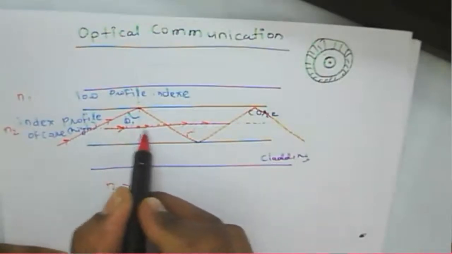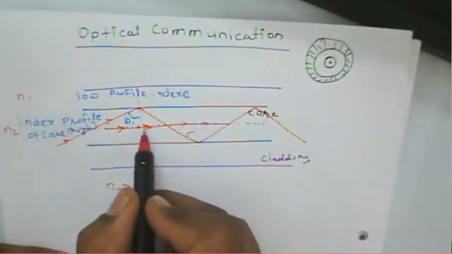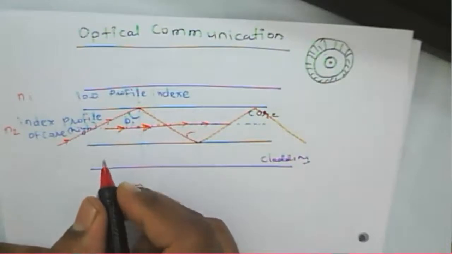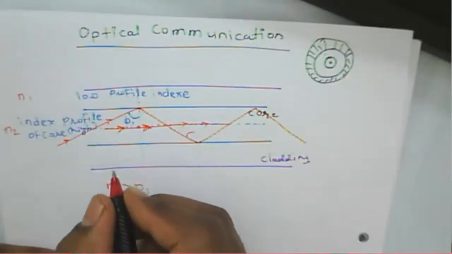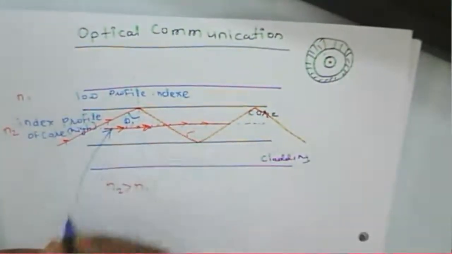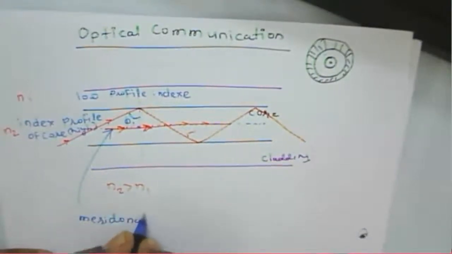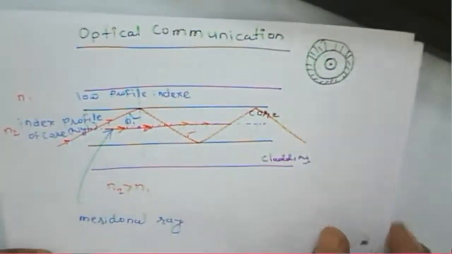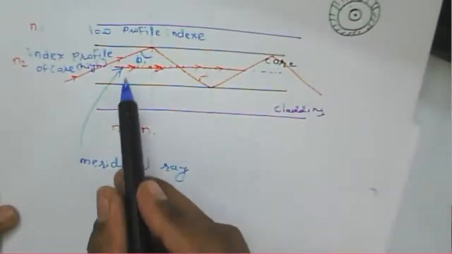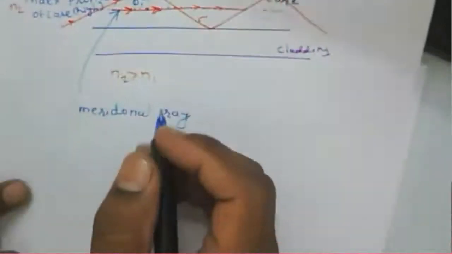In that case, when light is propagating along the core axis, that ray, that particular incident ray, is called a meridional ray. Rays propagating at the axis, at the center of the fiber, are called meridional rays.